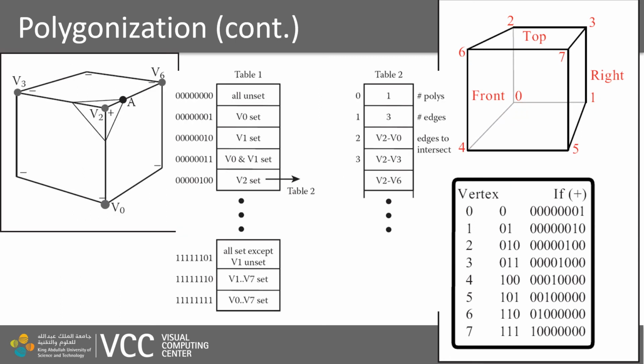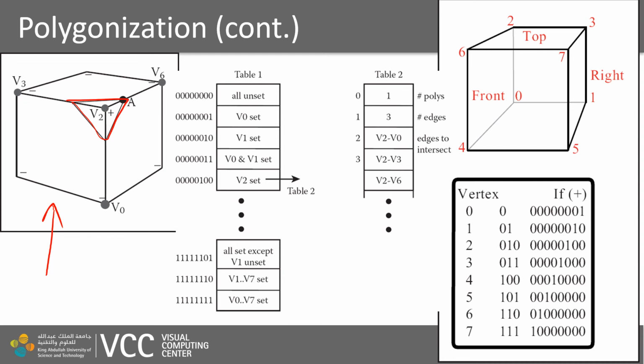We can see here the scenario as we described it, again with one vertex, V2, being positive and all the others negative, which means that we now have this scenario where the edge V2, V0 is intersected, V3, V2 is intersected, and V2, V6 is intersected.